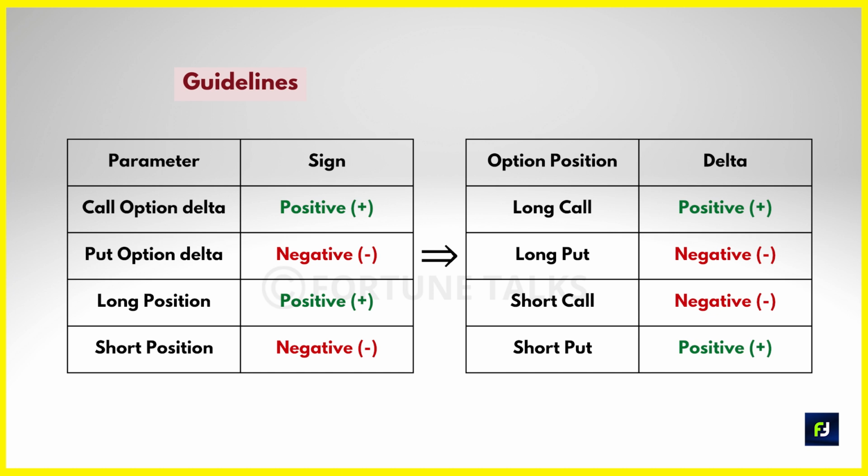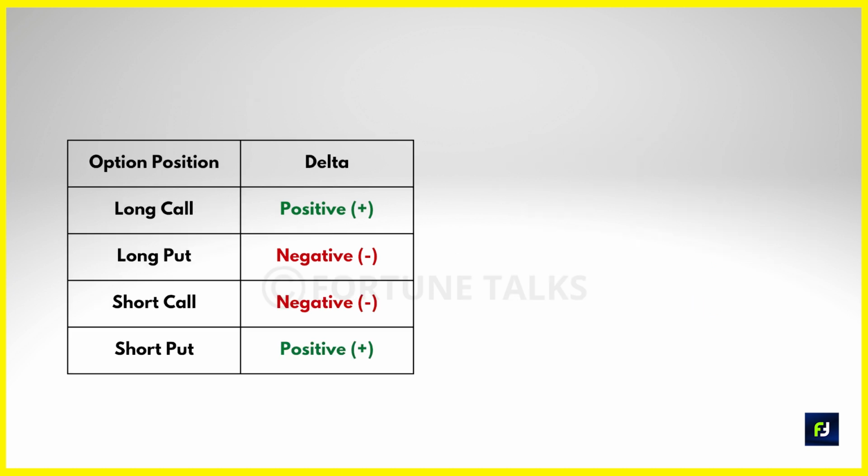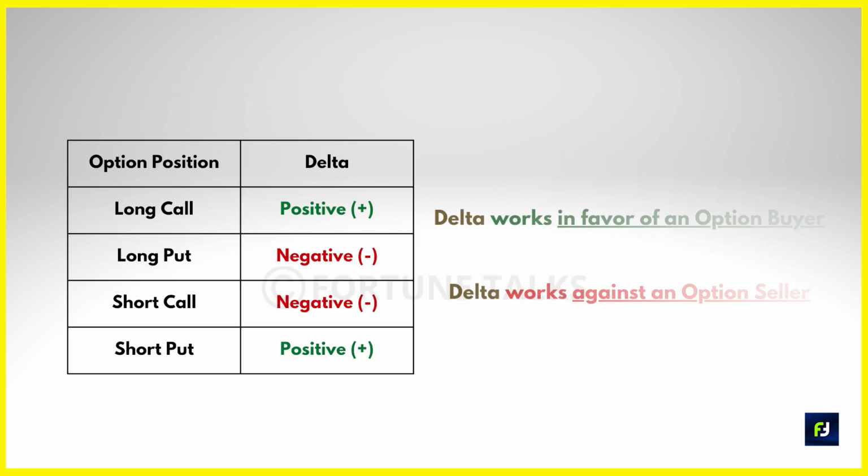This indicates that the value of the call seller's position decreases as the underlying asset price increases. On a similar note, a long put option position will have a negative delta while a short put option position will have a positive delta. Therefore, we can safely say that even delta works in the opposite manner for an option holder and an option writer, irrespective of a call or a put option.